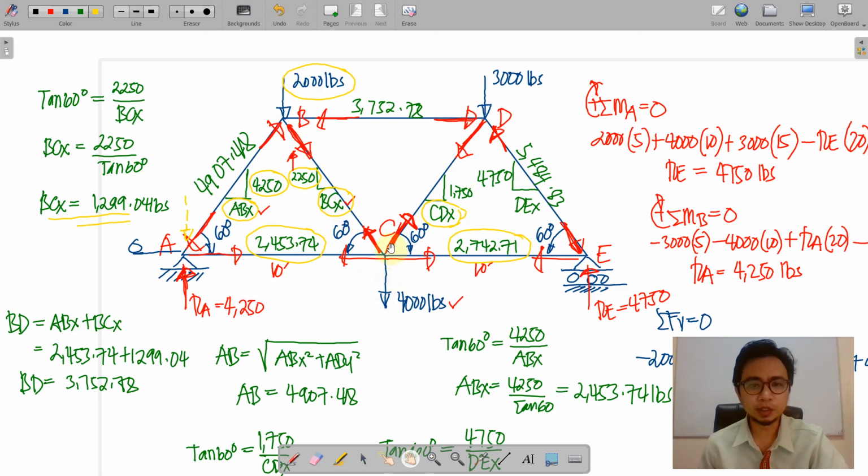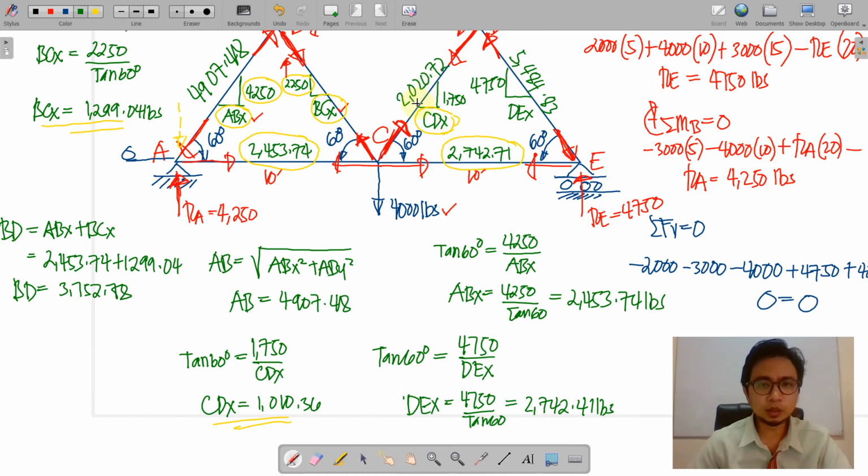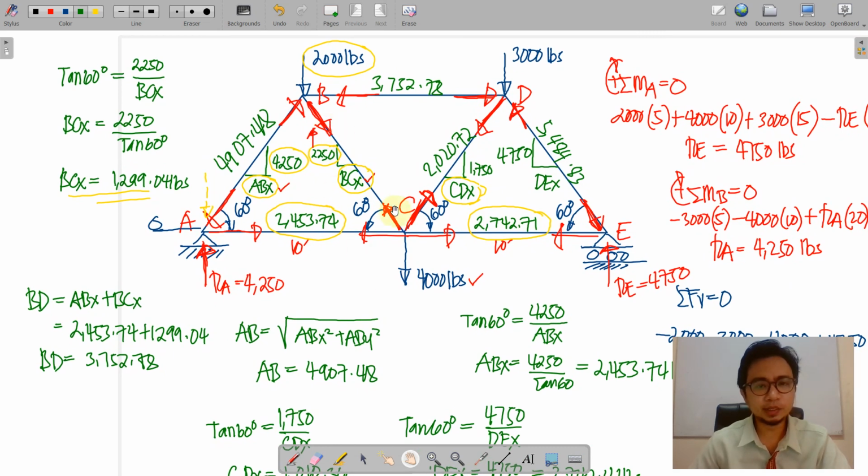We also want to compute the force in member CD from its components CDX and CDY. That is 2020.72 for CD. For BC, we obtain this value from its component 2250 and BCX, and that is equivalent to 2598.06. So that is about our analysis for today.